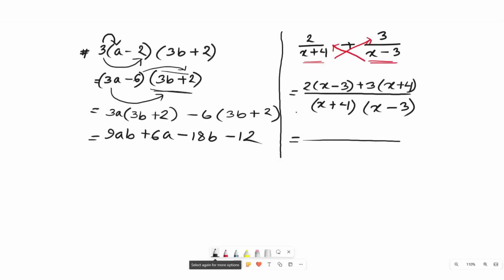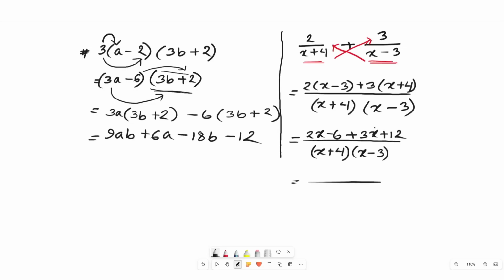Now we got a new fraction. Here, the numerator is 2x minus 6 plus 3x plus 4, and the denominator is x plus 4 times x minus 3. Now if we simplify, we get the numerator as 5x plus 6, divided by x plus 4 times x minus 3.